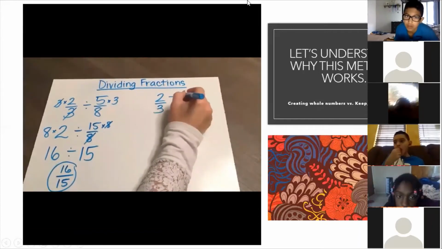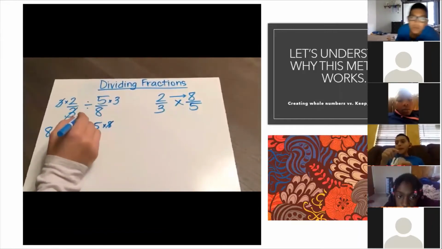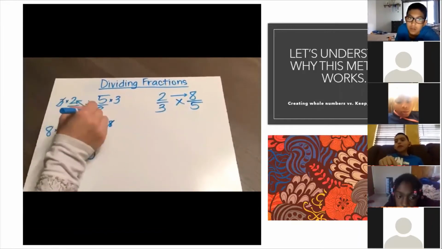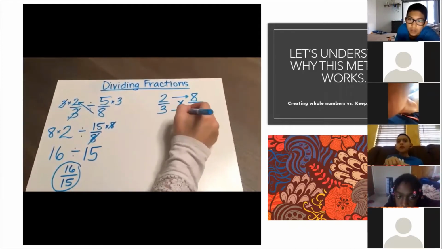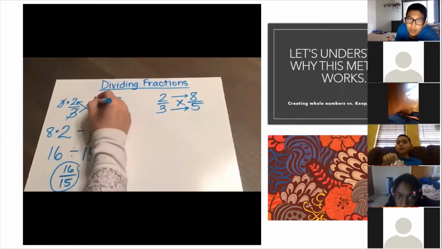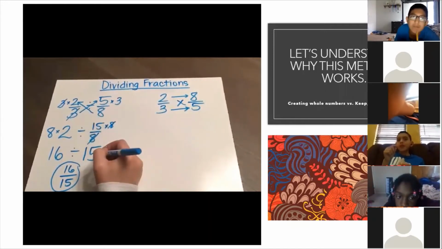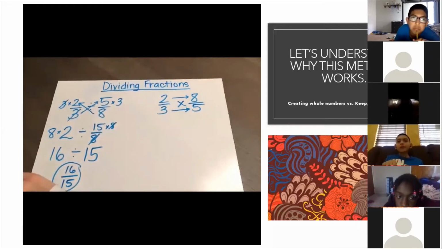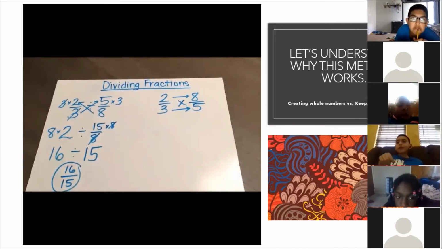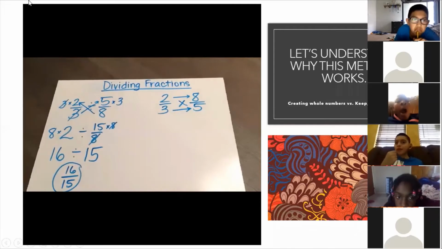Here we have 2 times 8, which is what we achieved here by multiplying that 8 by 2 and getting a 16 whole number. Here we have 3 times 5, which is what we achieved here by multiplying this 3 and having a 15 there. So we are actually cross-multiplying to get that common denominator of 1 and get rid of those denominators altogether.